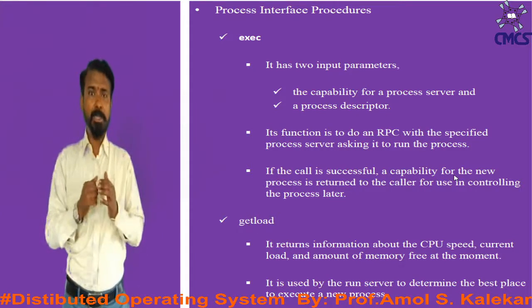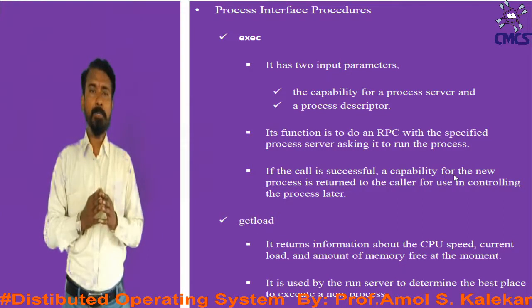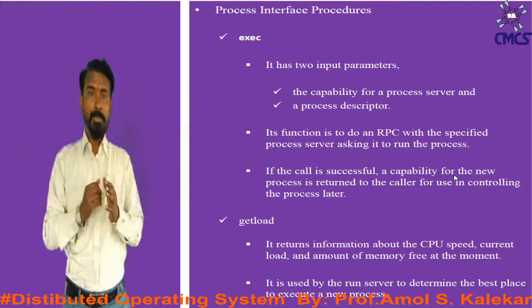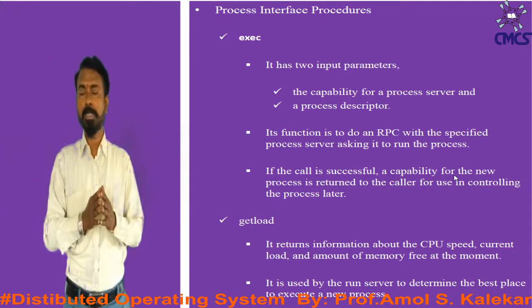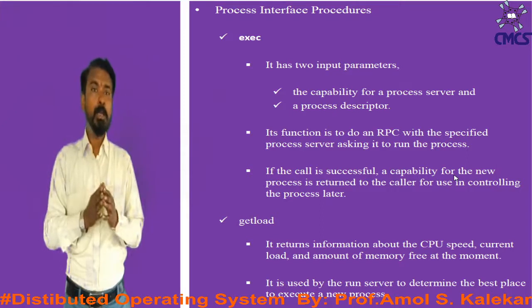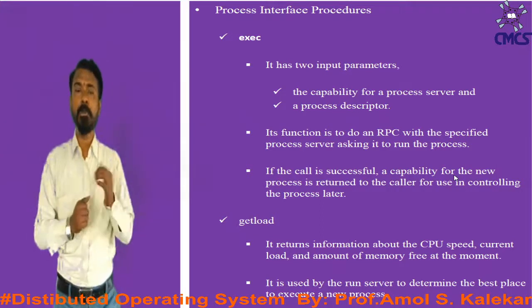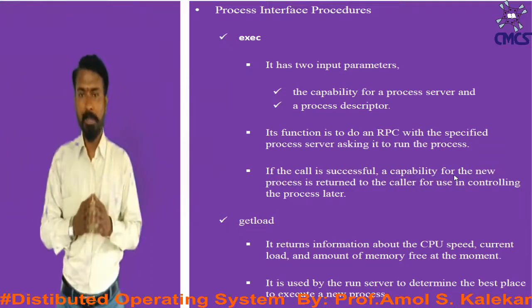Its function is to run an RPC with the specified process server asking it to run the process. If the call is successful, a capability for the new process is returned to the caller for use in controlling the process in future references.